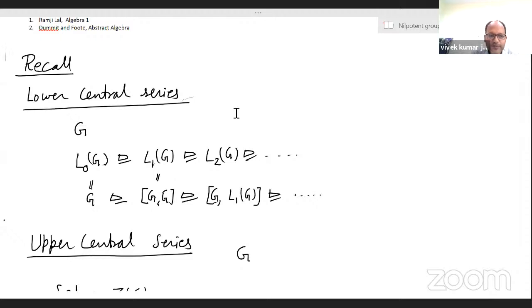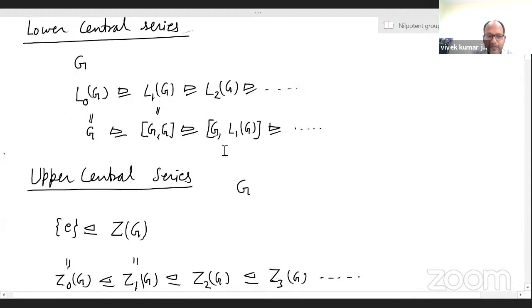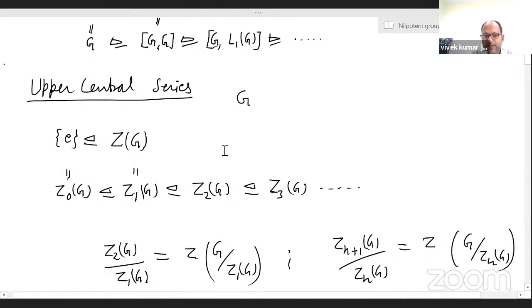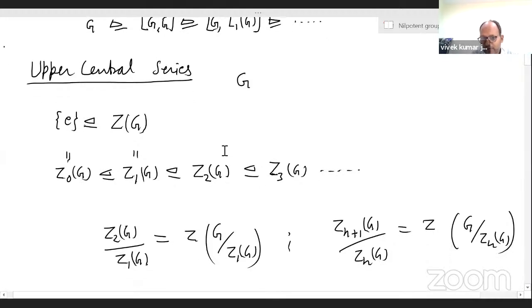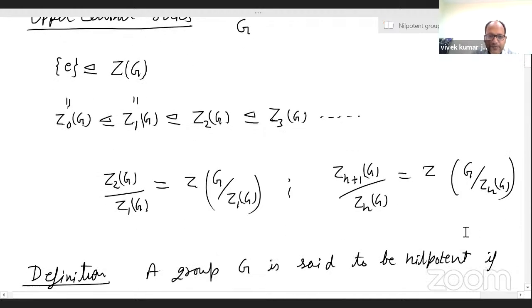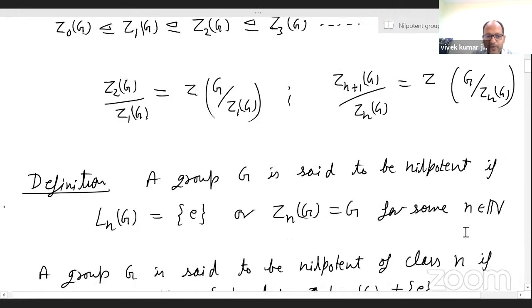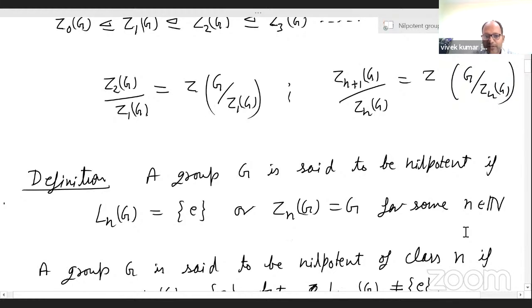Similarly, we defined the upper central series Z0G, Z1G, Z2G and so on, where Zn+1G modulo ZnG is the center of G modulo ZnG. The definition of a nilpotent group was that LnG is trivial or ZnG is trivial for some n, then G is called a nilpotent group.